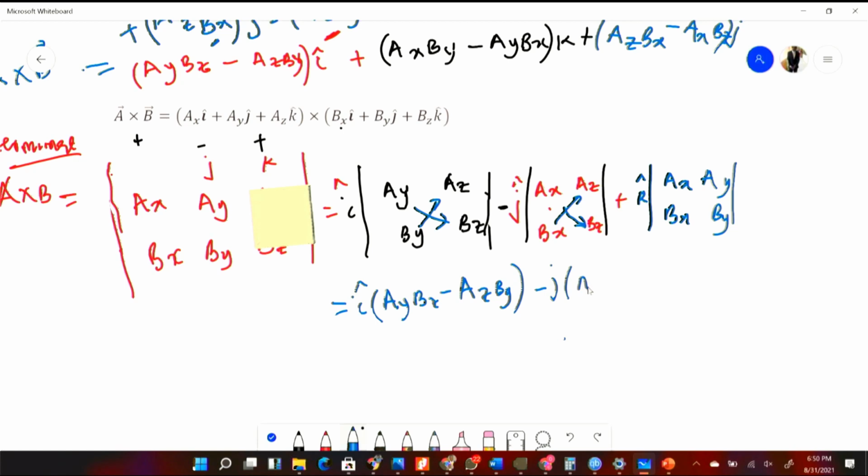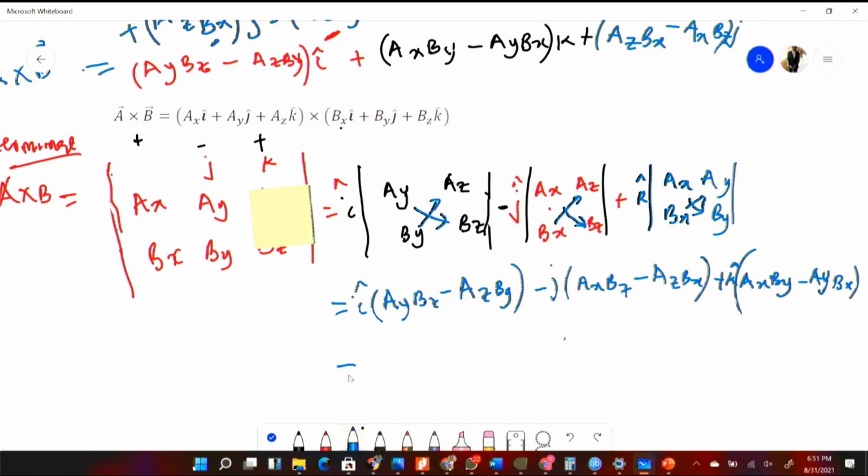So we have ax bz, then we have minus az bx. And for our k component, we have this, which is going to be ax by minus ay bx.